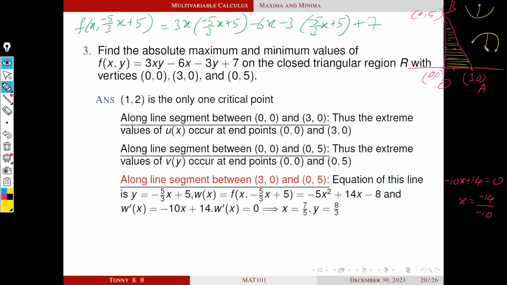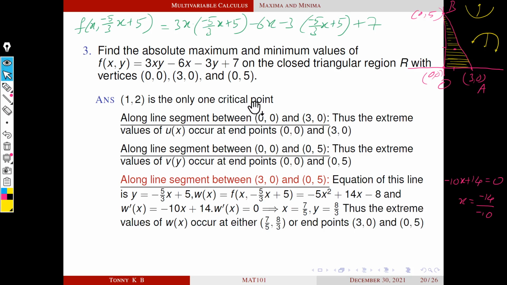If this is the shape, then maybe this is an absolute maximum, and these 2 may be absolute minima. It is possible. Okay, so we have 3 possible absolute extrema points from the line segment AB because the shape of the surface along AB is not a straight line, it's a curve with one critical point.